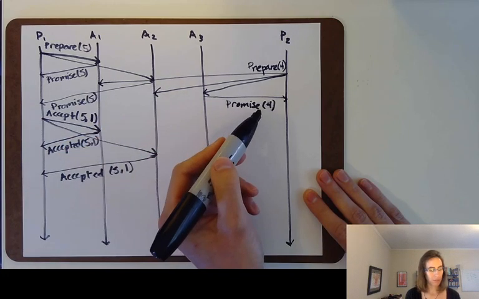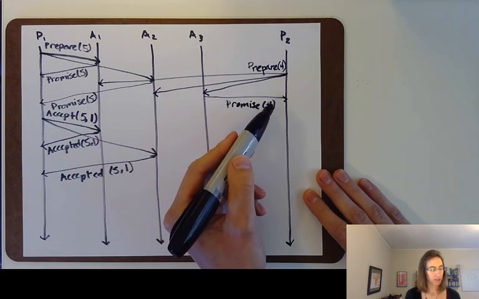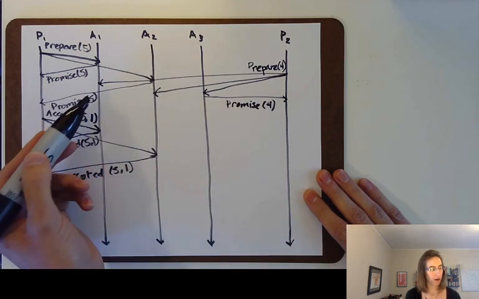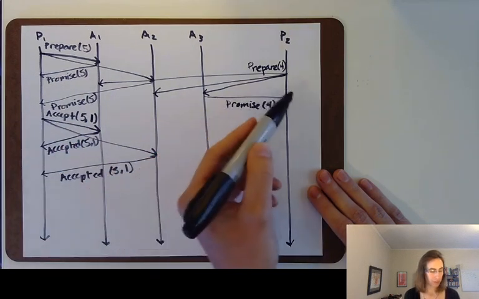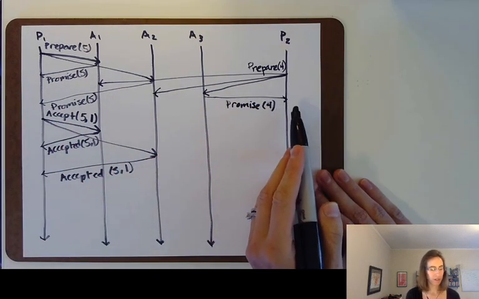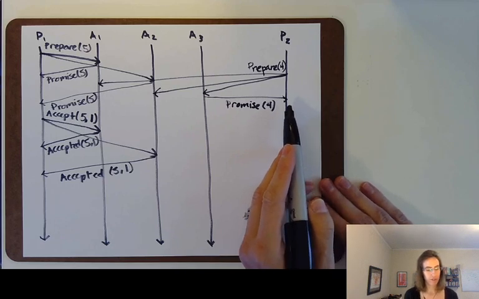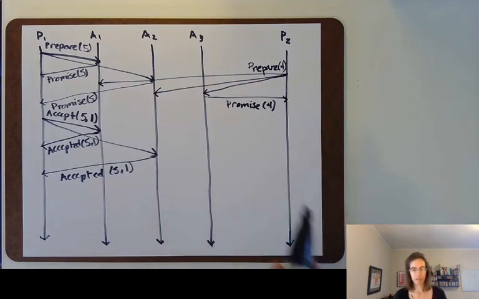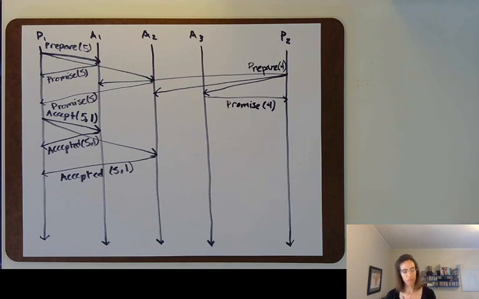So it's not going to hear back from a majority if a majority have already promised a higher proposal number. So P2 will sit here waiting to hear from a majority of acceptors, and it won't. So eventually it'll time out.